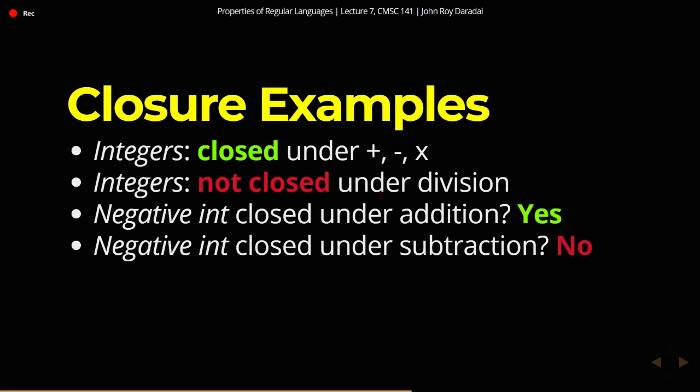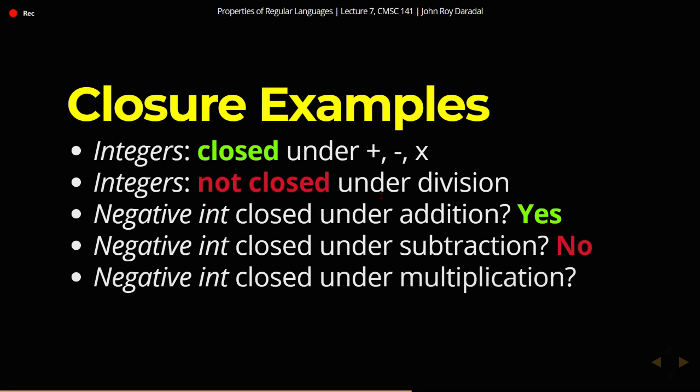For example, if you take negative 3 minus negative 5, it will become minus 3 plus 5, and that will become positive 2. So the result is not a negative integer anymore. So negative integers are not closed under subtraction.